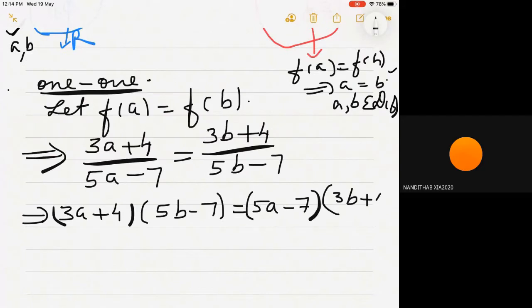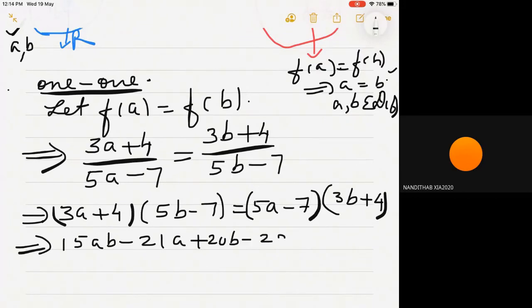So that implies, on cross-multiplying and opening the brackets, 15ab minus 21a plus 20b minus 28 is equal to, on the right hand side, 15ab plus 20a minus 21b minus 28.